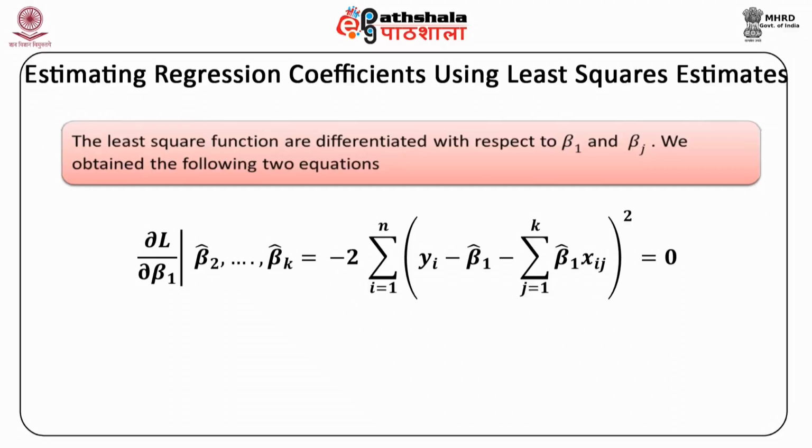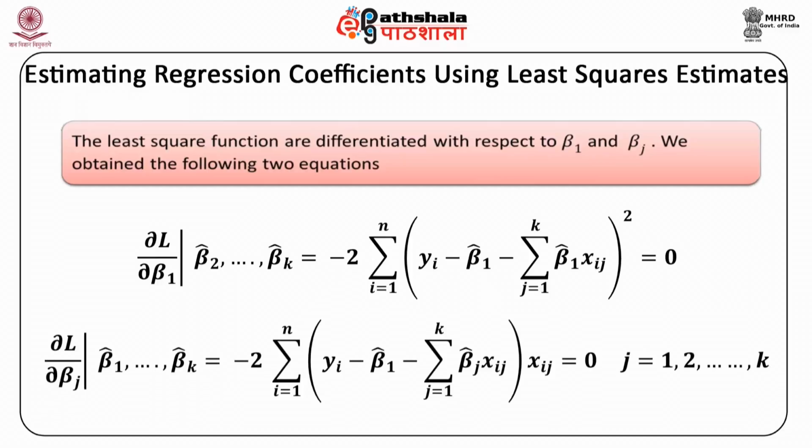And if you keep on taking these differentiations of L with respect to each of these betas, then we get derivative of L with respect to beta j, given beta 1 hat up to beta k hat, is equal to minus 2 summation over i equal to 1 to n, in the bracket we have yi minus beta 1 hat minus summation of beta j hat into xij, and this summation is over j from 2 to k, into xij equal to 0, where j takes the values from 2 to k.